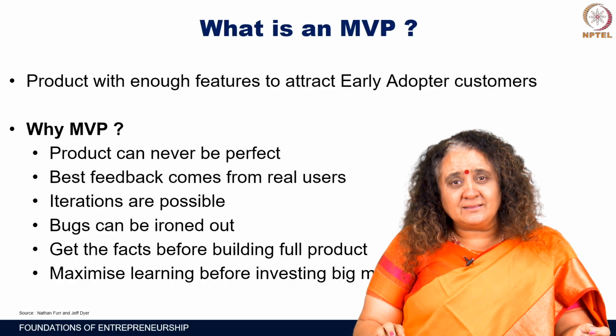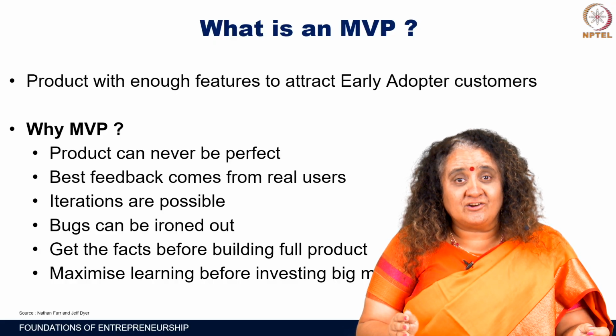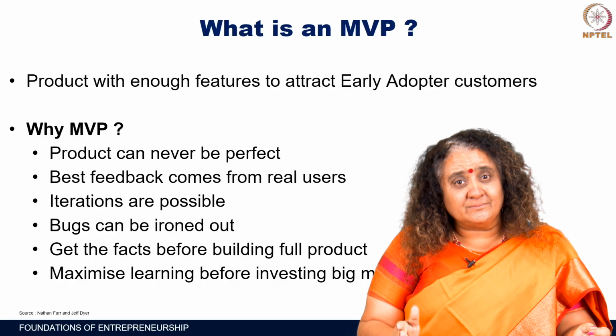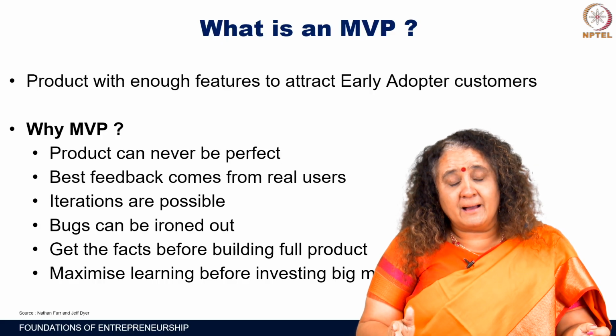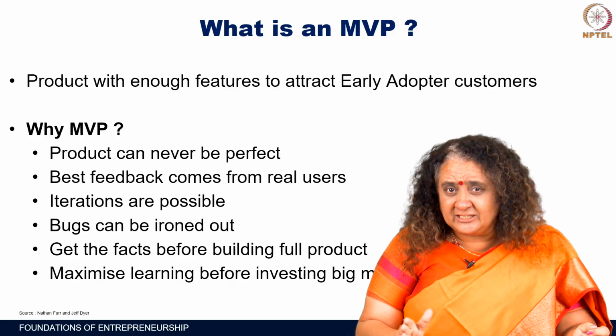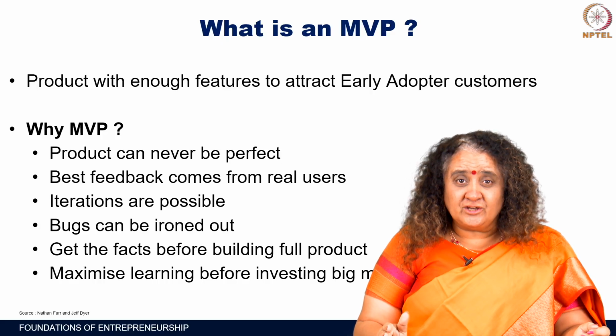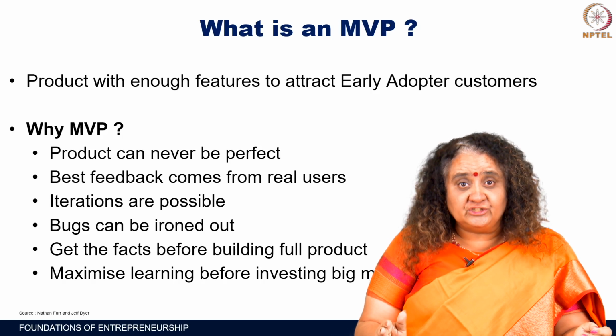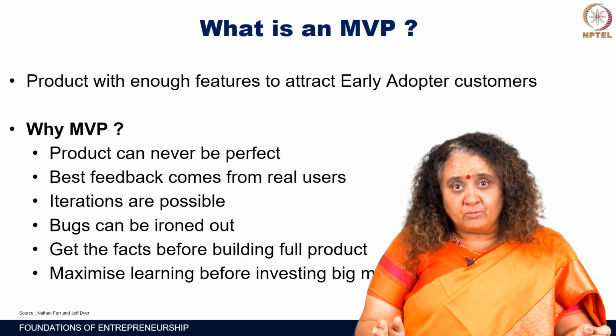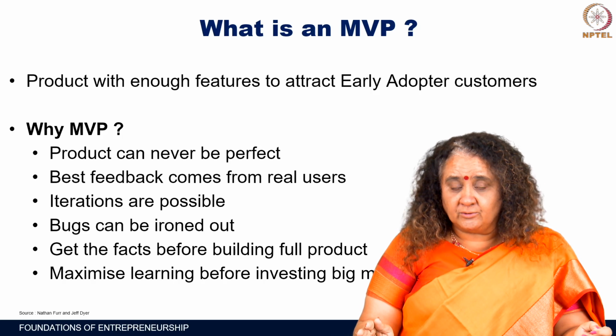In an MVP, the customer is trying in their real situation, and the customer has paid or has promised to pay. So, there is money also involved. So, here you get the best, most real feedback or input from your customer or end user.